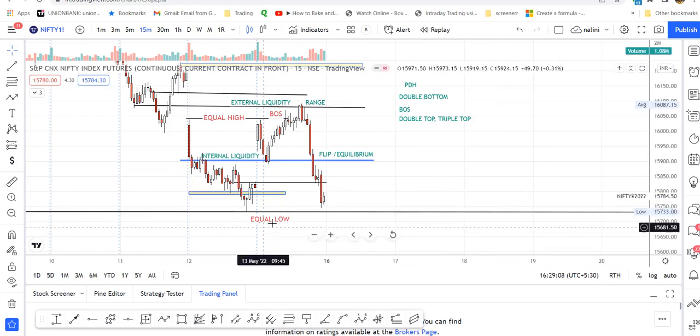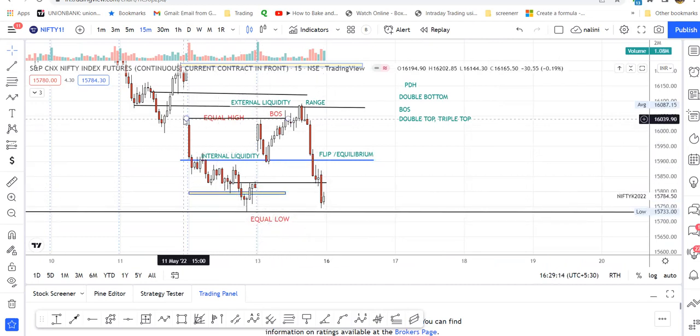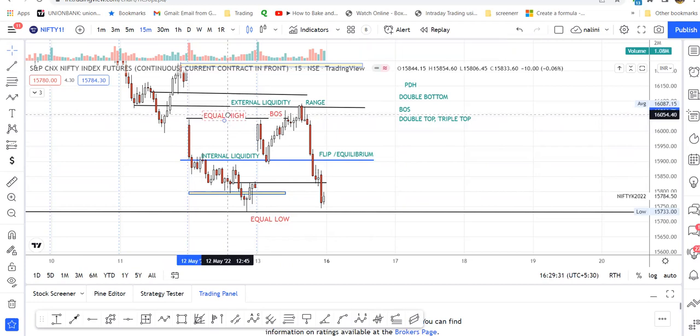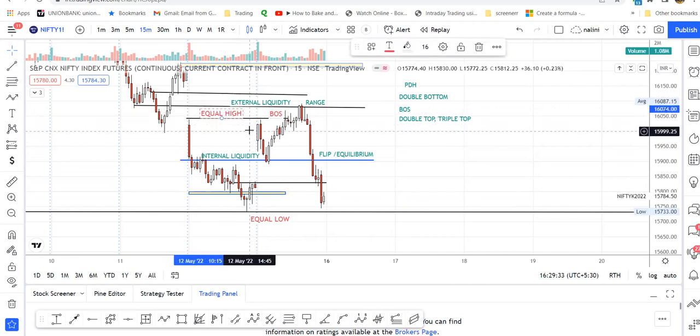And on the 13th, on Friday, the market gapped up to the previous day high, the previous day equal high. So it induced the sellers. This liquidity gap up to this level, the equal high, induced the sellers.